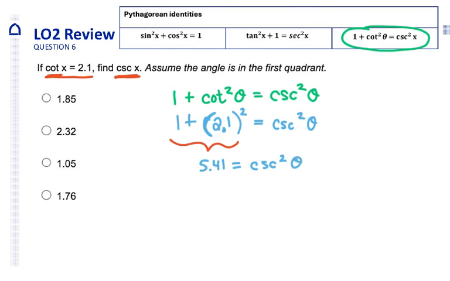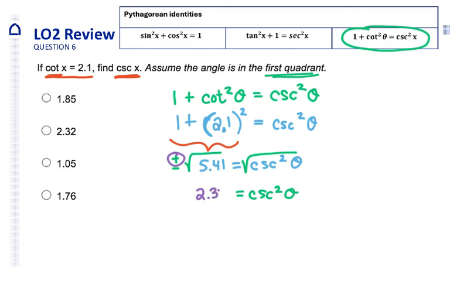So if I would like to find out the value of cosecant, I can take the square root of both sides. Now usually it's plus or minus the square root, but in this case they told us we're in the first quadrant, and in the first quadrant everything is positive. So we'll take the positive value of the square root of 5.41, and we get a decimal value of about 2.325 on my calculator.